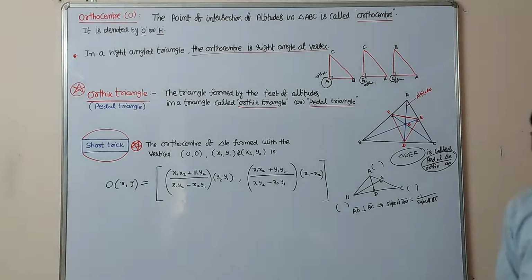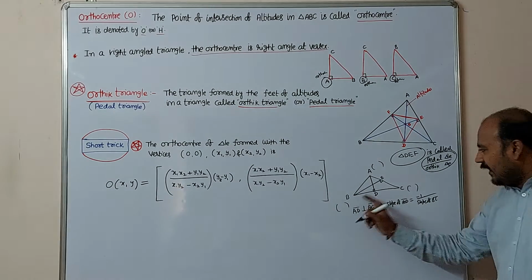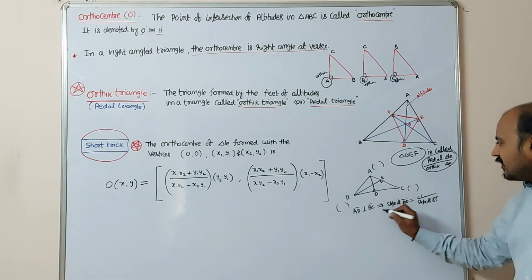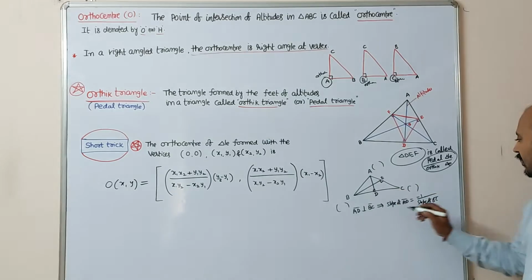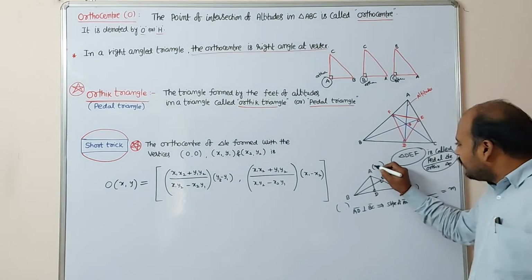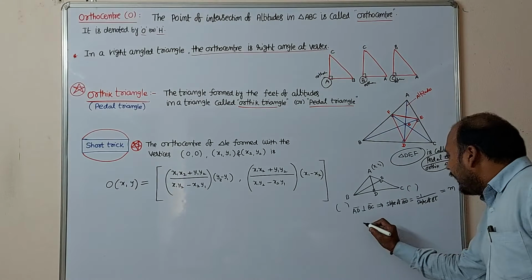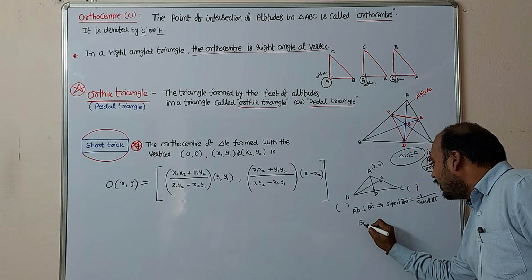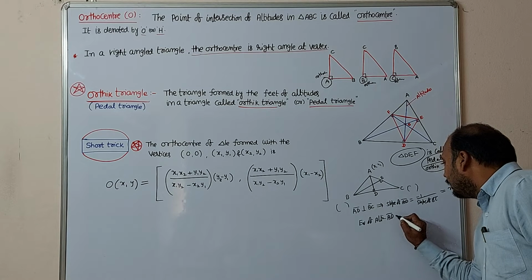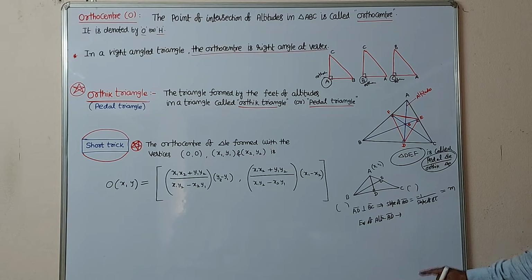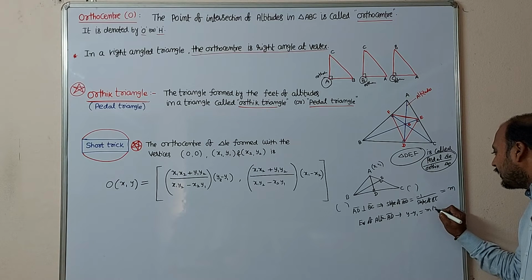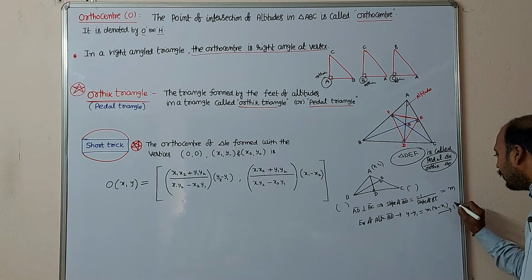How do we calculate the slope of BC? When two points are available, use y2 minus y1 by x2 minus x1 to get the slope. This slope of AD is m, and it passes through point A. So for the equation of altitude AD, using the formula y minus y1 equals m into x minus x1, we call that equation number 1.